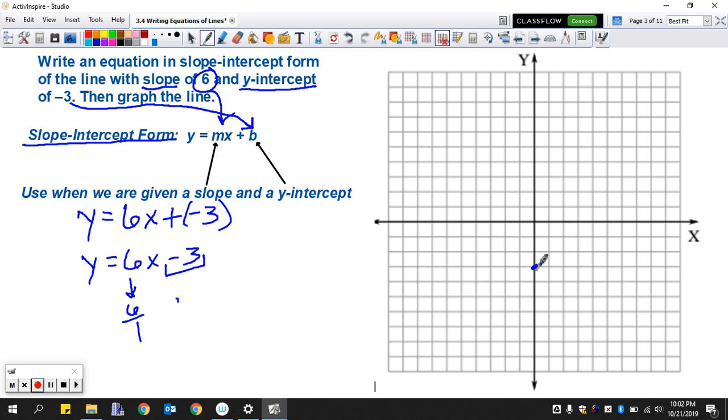So that means we come up 6, 1, 2, 3, 4, 5, 6, and then we come over 1, put a dot, come up 6, 1, 2, 3, 4, 5, 6, come over 1, and put a dot. And remember, technically we only need 2 points to draw a line, but if we can draw more than that, we certainly can.